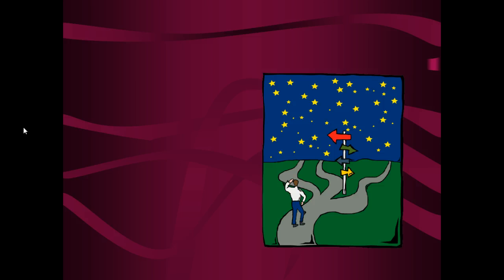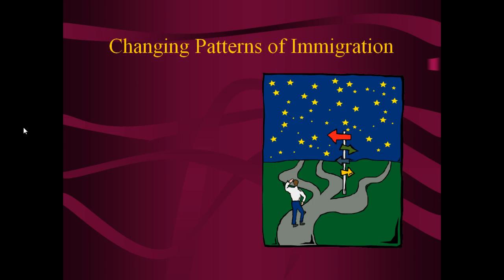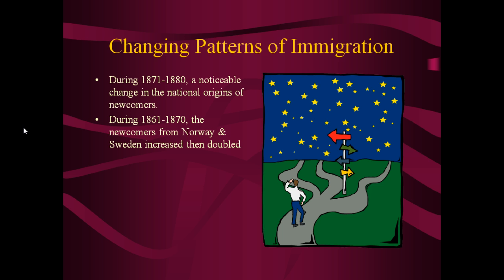During the 1871 to 1880 period, a noticeable change began to occur in the national origins of the newcomers. The federal government ultimately assumed a major role in the control of immigration. Congress passed the 1875 Immigration Act that barred various types of undesirable immigrants.